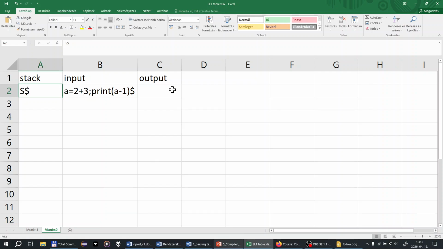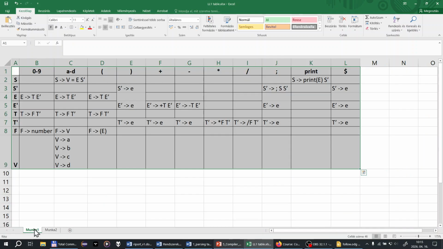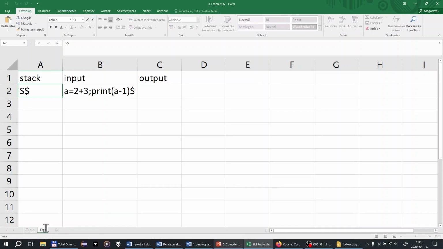And in this case, we have to follow the instructions in the parsing table. And these are the derivations.